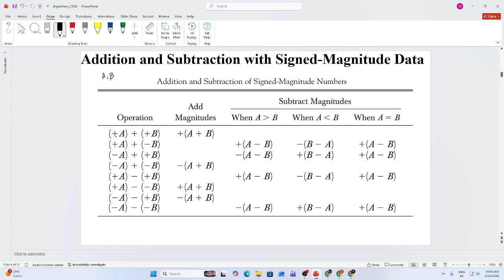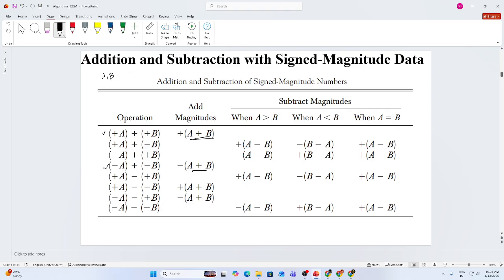For example, in case of addition, what do I need to do? If the signs of the two numbers are equal, as in this case and this case, in case of addition we need to perform addition.